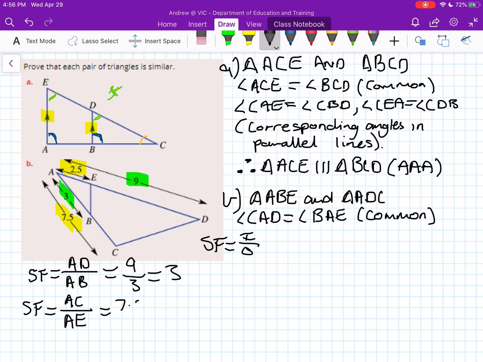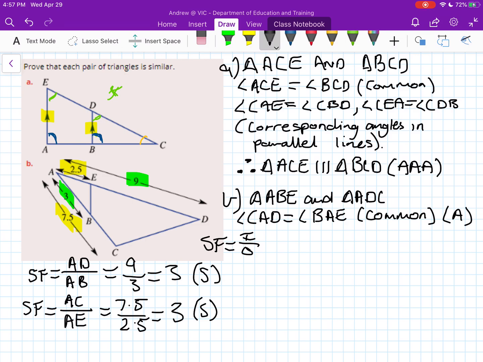So this becomes 7.5 divided by 2.5. So this also equals 3. So we've got two sides that are the same scale factor, and we have one angle that's the same.